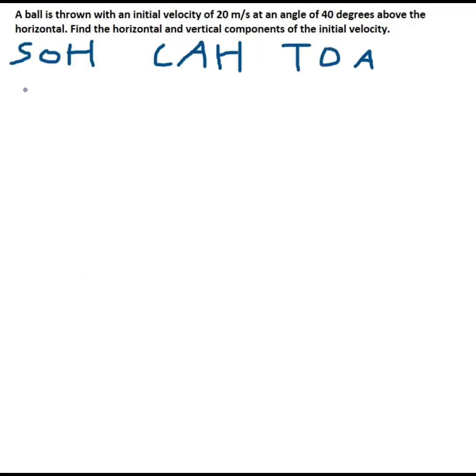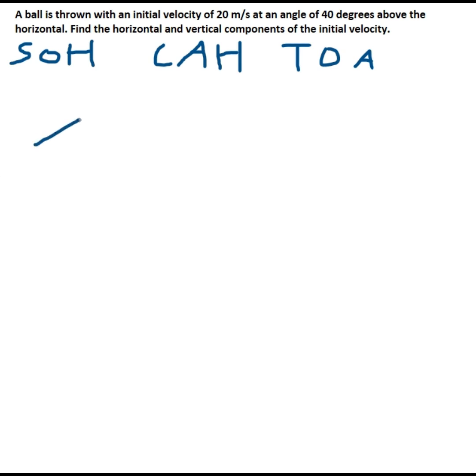Now, this next question will also work as a good basic trigonometry review. A ball is thrown with an initial velocity of 20 meters a second at an angle of 40 degrees above the horizontal. Find the horizontal and vertical components of the initial velocity. We can use SOHCAHTOA to find the horizontal and vertical components.